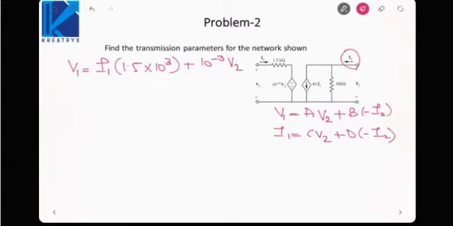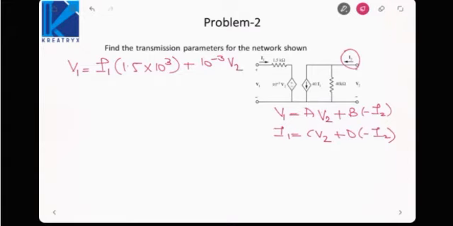Now once we have gotten this equation, I need to find the I1 in terms of V2 and I2. So if we make use of the first equation that we got, which was V1 is equal to 1.5 into 10 raised power 3 I1 plus 10 raised power minus 3 V2, then we can substitute the value of V1 here in terms of V2 and I2. That is minus 6.25 V2 minus 37.5 I2 is equal to 1.5 into 10 raised power 3 I1 plus 10 raised power minus 3 V2.